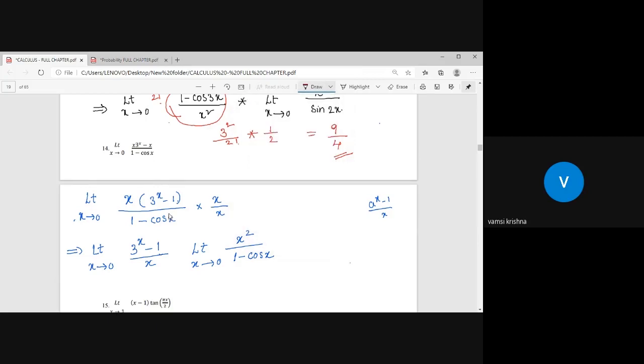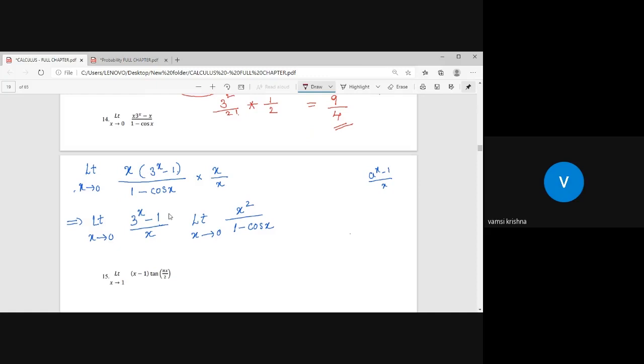Now if you observe limit x tends to 0, (a power x minus 1) by x, you know that it's nothing but log a. So (a power x minus 1) by x is simply logarithm of a. Logarithm of a means logarithm of 3. This is the answer for the first part.